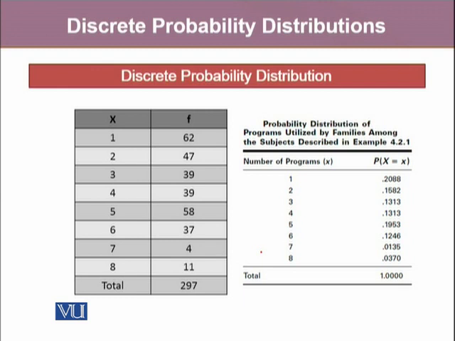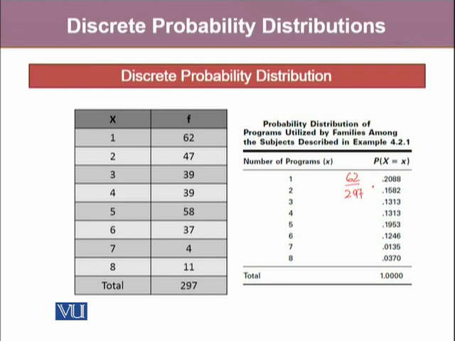Using this frequency distribution, we can construct a probability distribution of programs utilized by families among the subjects. The first probability, for number of programs 1, which is our random variable, is 0.2088, which is obtained by the frequency divided by 297, which is the sum of the frequency.